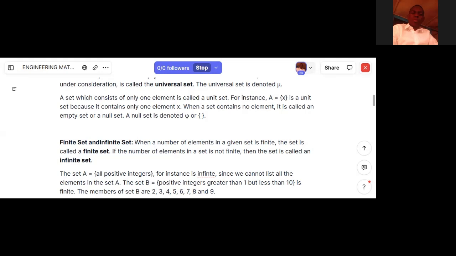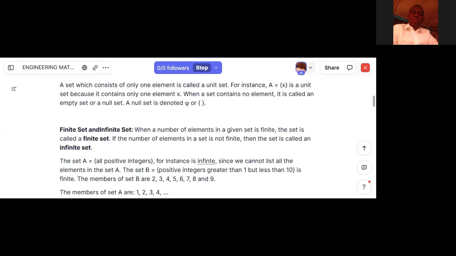Now, we also see that when a set doesn't have an element, we call that an empty set or a null set, denoted by the omega symbol, or empty curly brackets, open and closed.